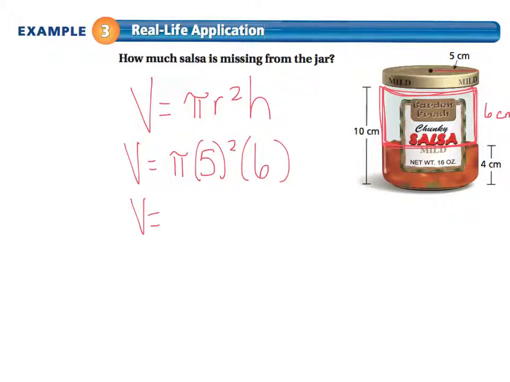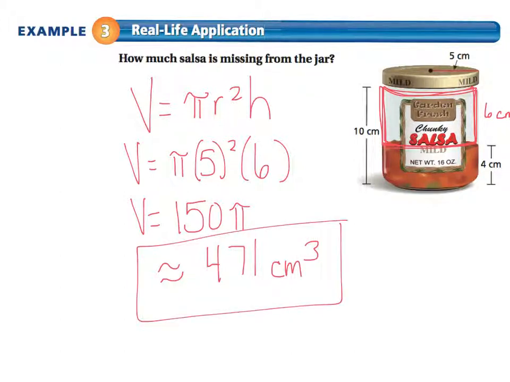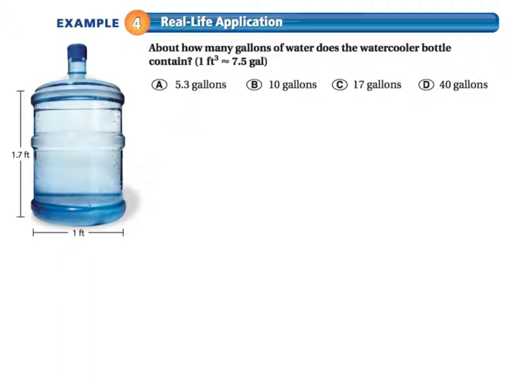And 25 times 6 gives me 150 pi, which is approximately 471 cubic centimeters is how much salsa is missing.